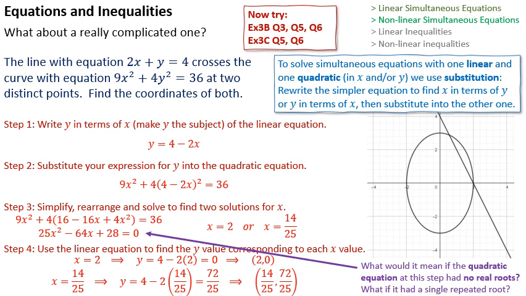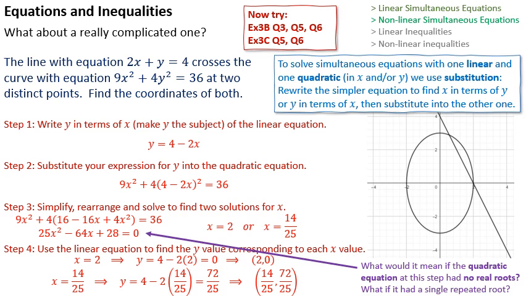The last thing I'd like you to look at on this page before we move on is this characteristic quadratic. In other words, it's a quadratic that tells us something about the original scenario. We have an ellipse crossing a straight line, but somehow all of that got reduced to a quadratic equation that we needed to solve and find solutions for.